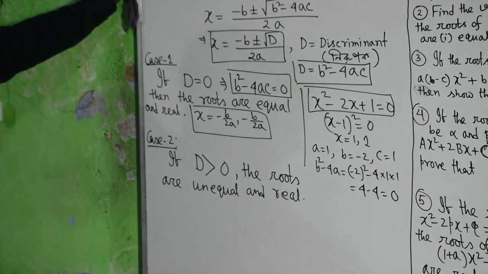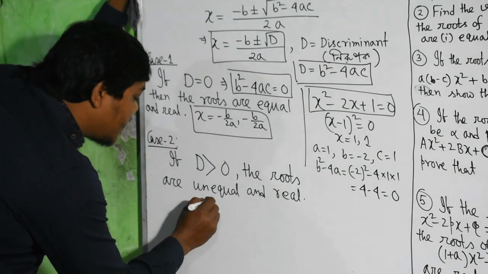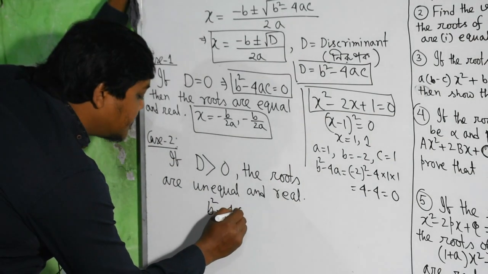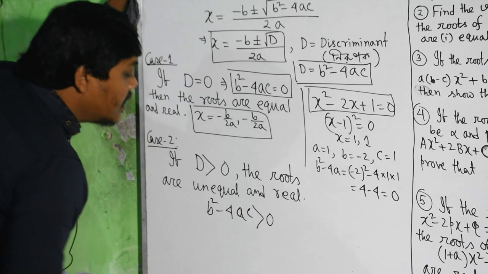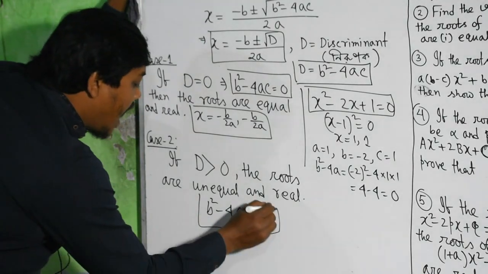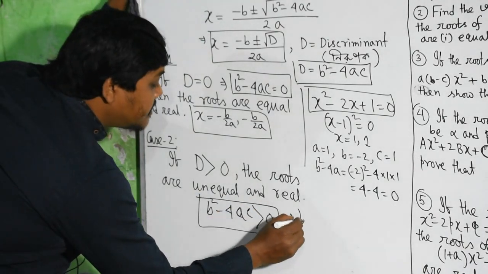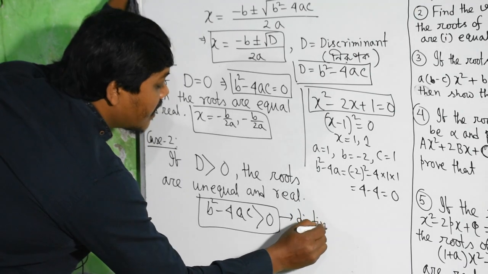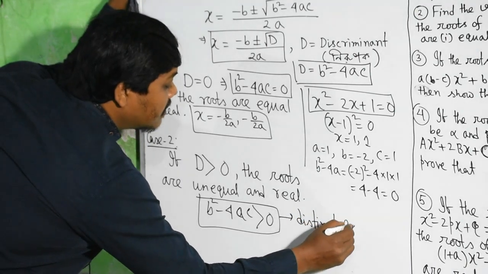That means b square minus 4ac greater than 0 gives the condition that the roots are real and unequal, distinct and real.